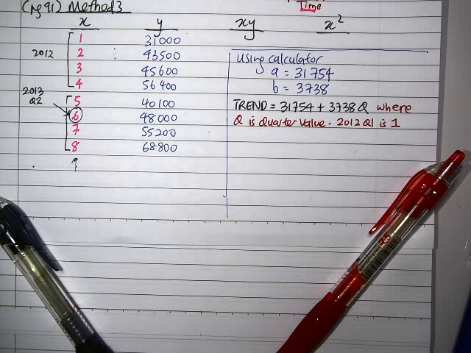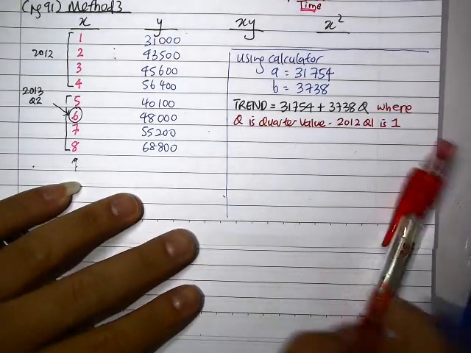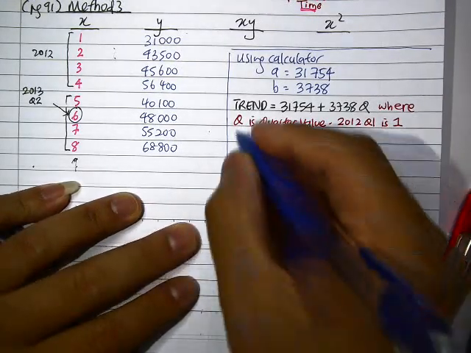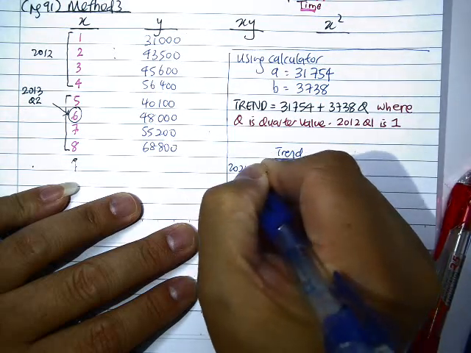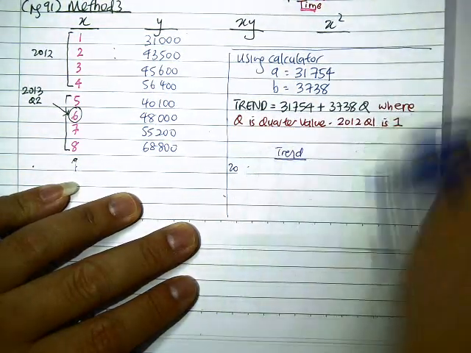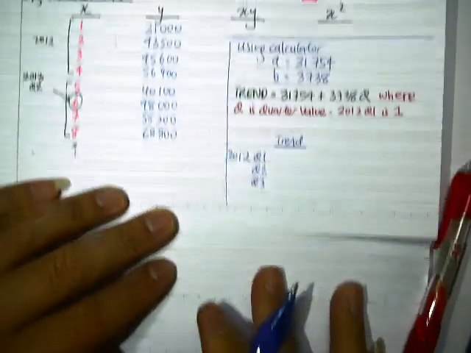Okay, now once you have the equation, I'm doing this as the last, then I'll give you a break. Once you have the equation, you will use the equation to develop trend. And when you have trend, you can calculate seasonal variation. Now, example, what is my trend for 2012 quarter 1, quarter 2, quarter 3?